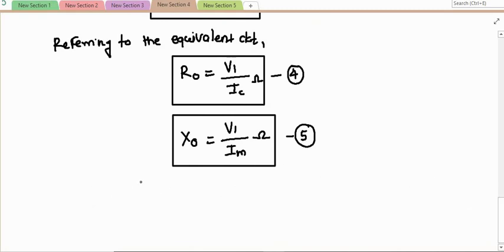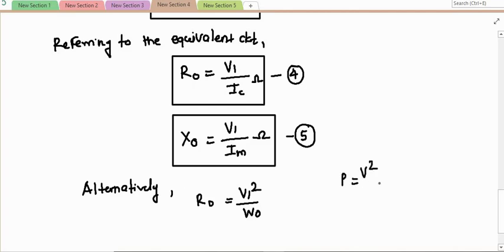Alternatively, in some books it is found in another way. I can write down R0 equals V1 square upon W0, because we know what power is. Power is equal to V square upon R, right?